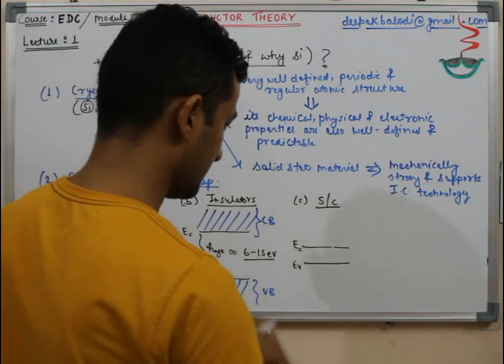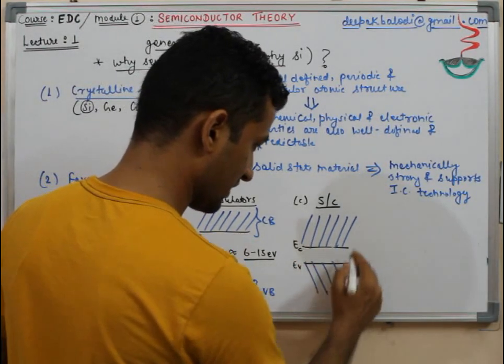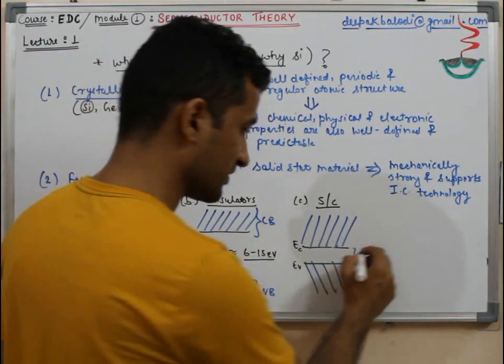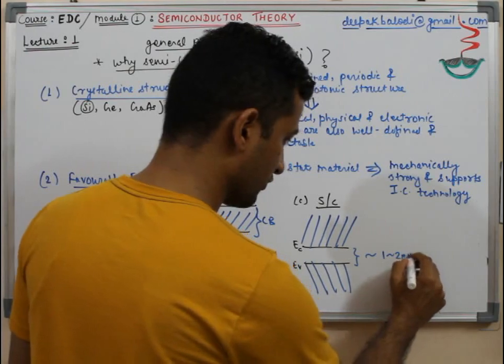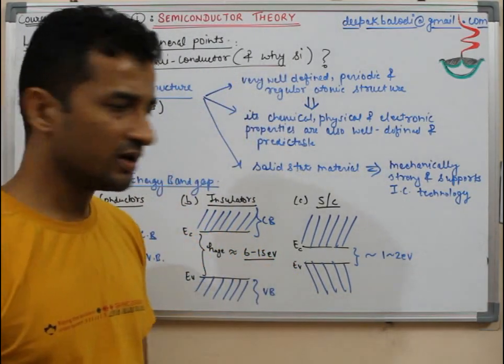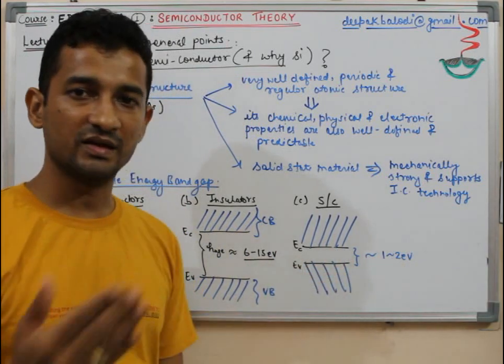Like we have already seen, here the band gap is of the order of 1 to 2 electron volts, less than 2 only. Within this range the band gap can be easily overcome.